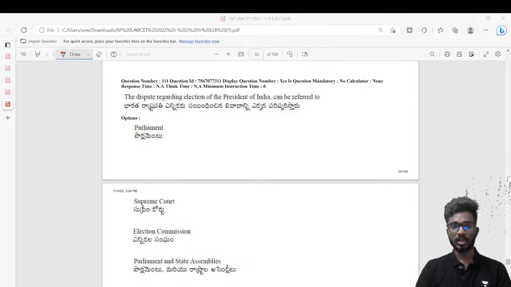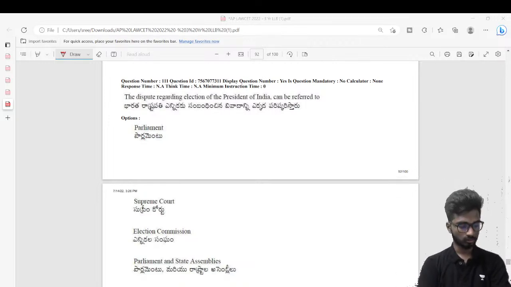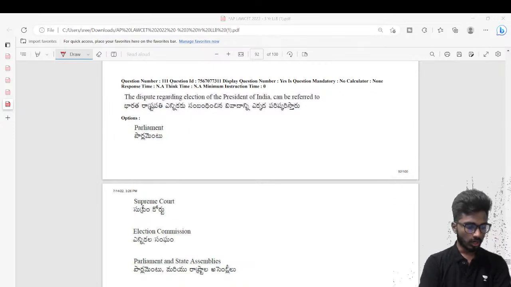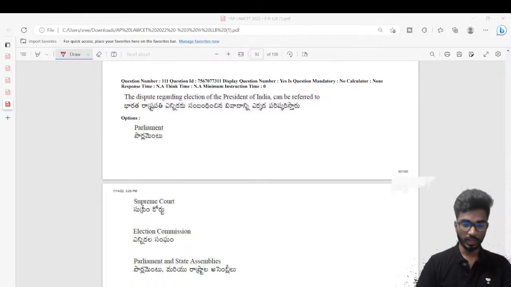Where is a dispute relating to the election of the President of India resolved? Parliament, Supreme Court, Election Commission, Parliament and State Assemblies. Very good Srikanth, very good Madhu, Nayak, Jivana. Why Jivana, why did you write 3 times 2? Rahul, correct your answer. Alpha, very good Srikanth, excellent. So the answer is Supreme Court.